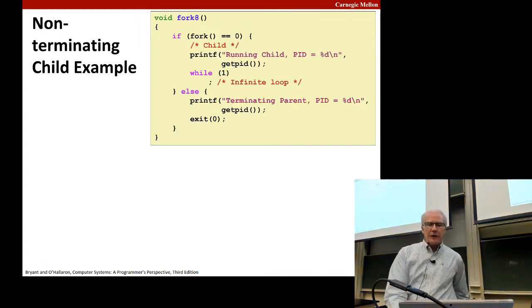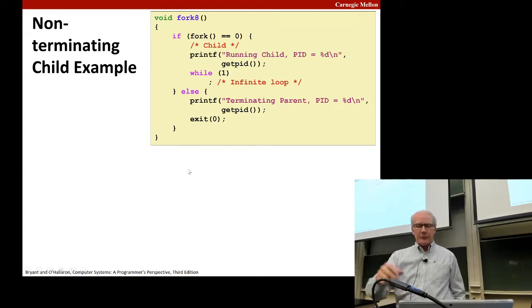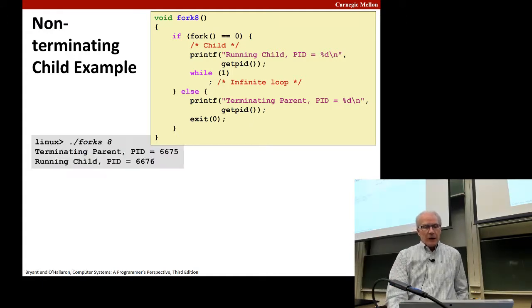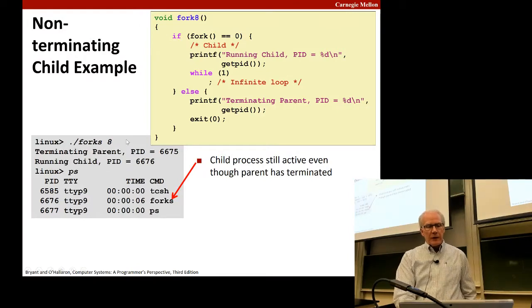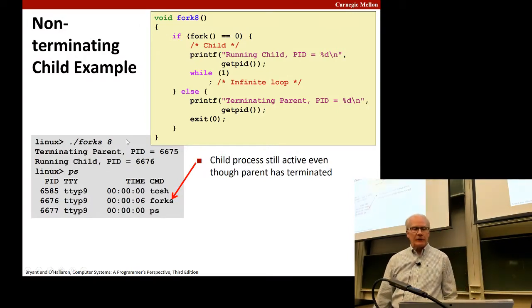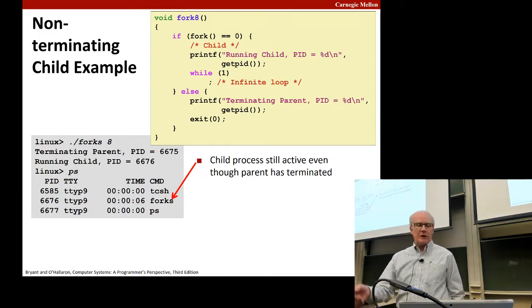Just to show you an example of a similar idea, here's one where the child has an infinite loop and the parent exits immediately. So it's the flip of the two from before. And you'll see that I actually don't have to put the ampersand on this one, because the parent exits immediately back to the shell.